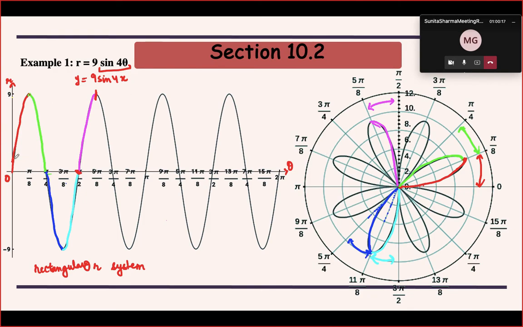Okay, so this increasing, decreasing behavior, then again negative, then again increasing. So all this is going to help you with the sketching, because if you do not know whether it is negative or positive, or whether it is increasing or decreasing, then you will not be able to give the shape.